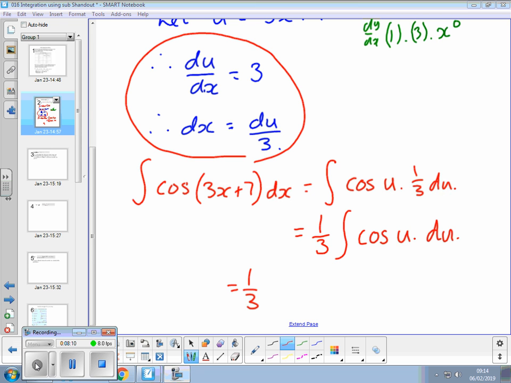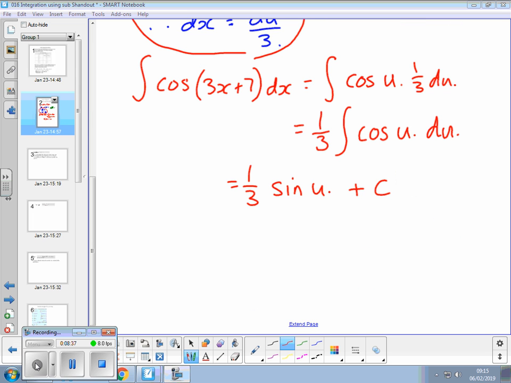Yeah, and in this case, a is equal to 1. So as a third, cosine is 1 over a sine, a third sine u, plus what we always got to have in indefinite integrals, plus a c on the end. Yeah. And then we just replace the u with what we called u in the first place.